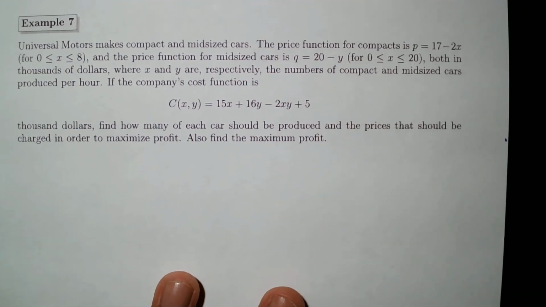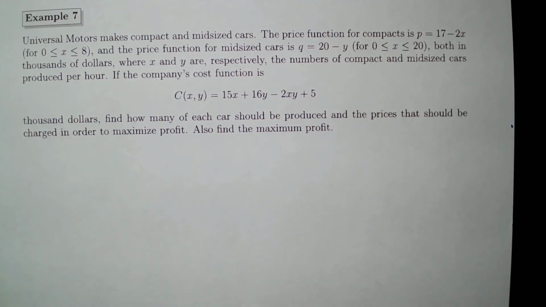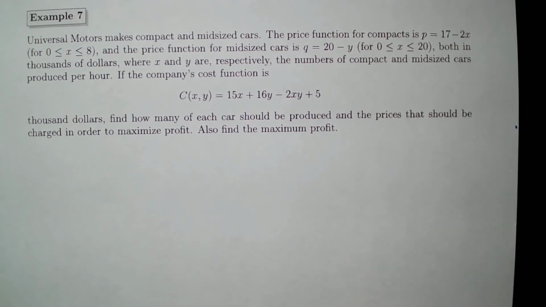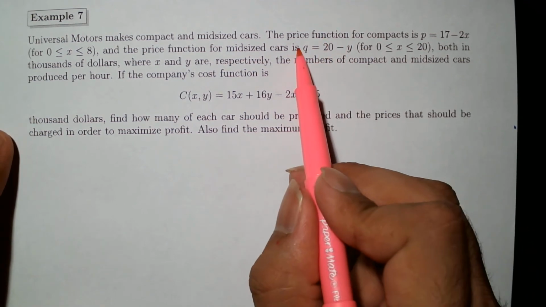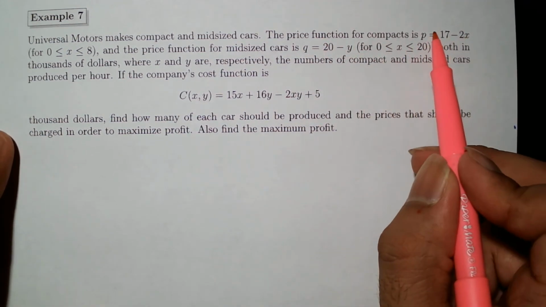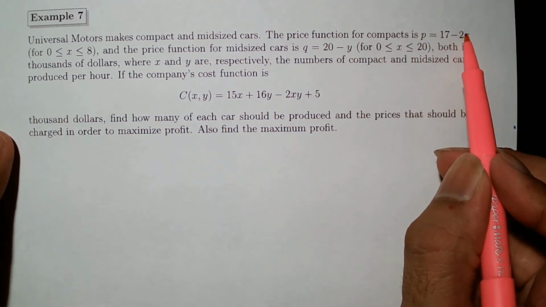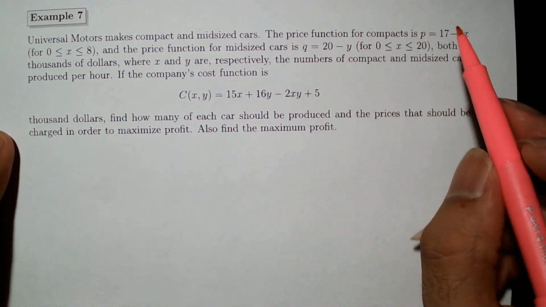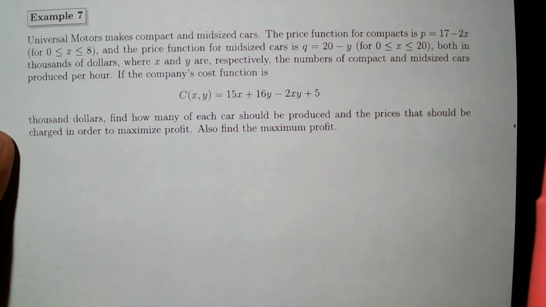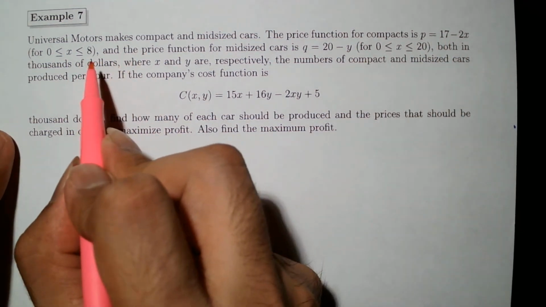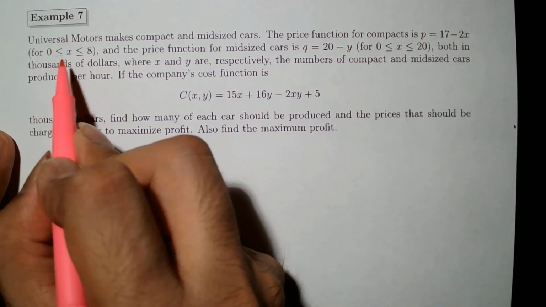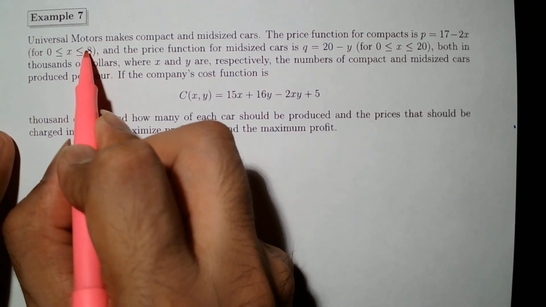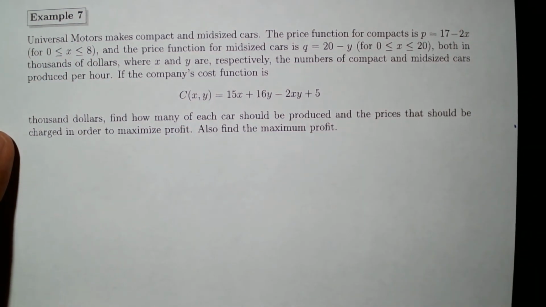So let's look at this example. Universal Motors makes compact cars and mid-sized cars. The price function for compact cars is P, which is a function of X, the number of cars that are manufactured. P equals 17 minus 2X. This holds under certain restrictions, because if you plug in a large X, you're going to get a negative number.